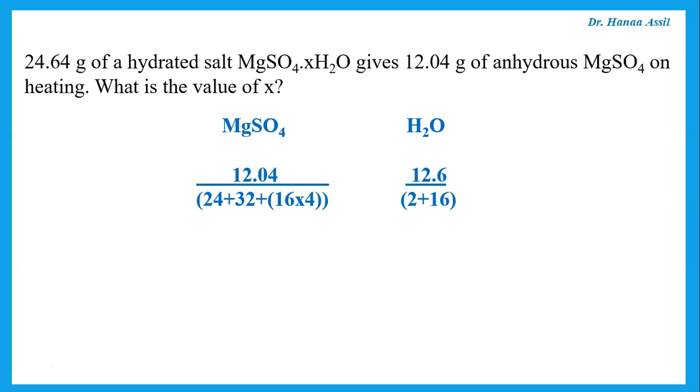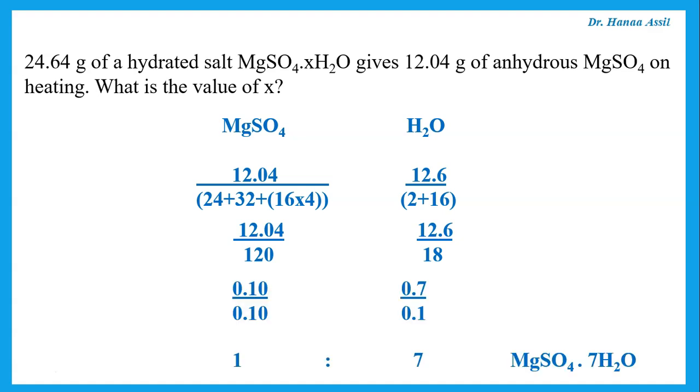The water is the rest of the total hydrated salt. So 24.64 minus the 12.04, that's 12.6. Again, divide by the MR. The numbers that come out, divide by the smallest. And this gives me the ratio, so it's 1 magnesium sulfate to 7 water, so that is the formula, or X is equal to 7.